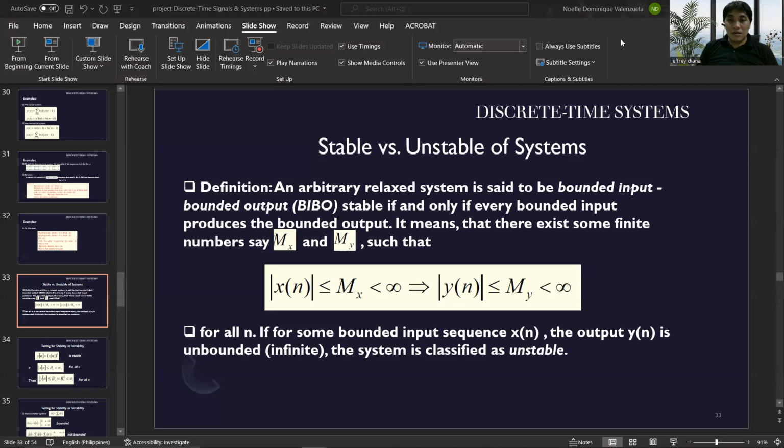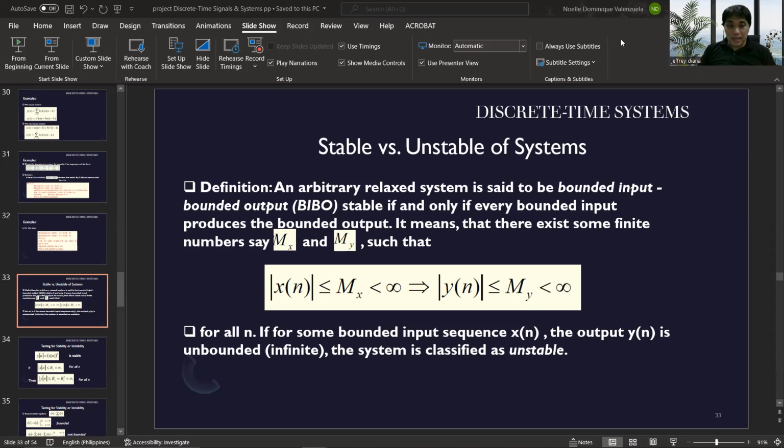It means that there exist some finite numbers, say Mx and My, such that |x(n)| is less than or equal to Mx, which is less than positive infinity, if and only if |y(n)| is less than or equal to My, which is less than positive infinity.